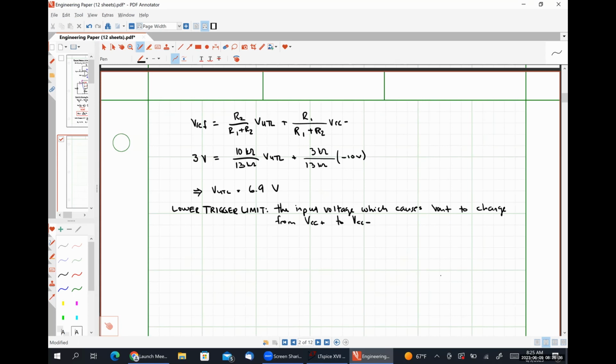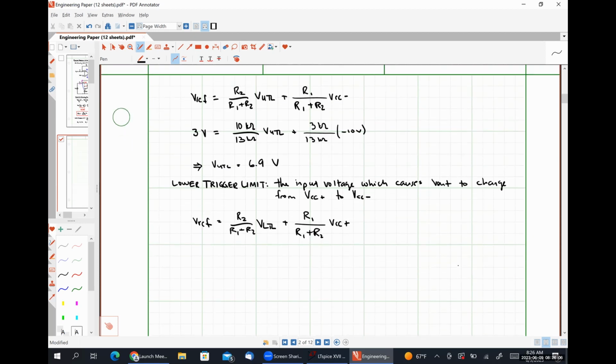So using our characteristic equation, we're just going to be doing this. Vref will be equal to R2 over R1 plus R2 times VLTL for lower trigger limit plus R1 over R1 plus R2 times VCC plus, because we are starting with our output high.